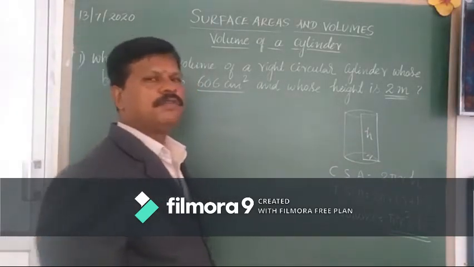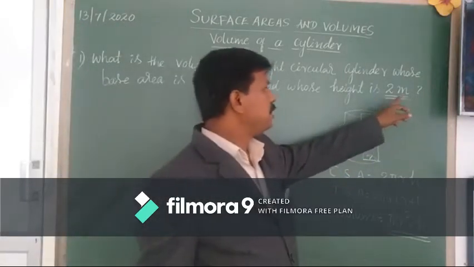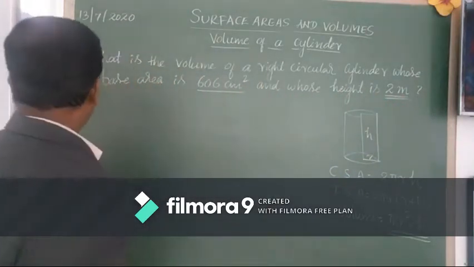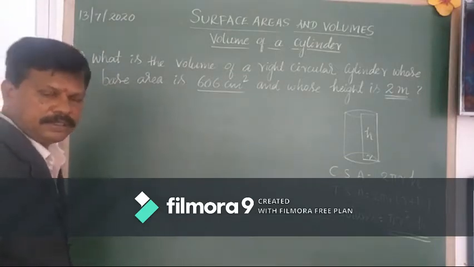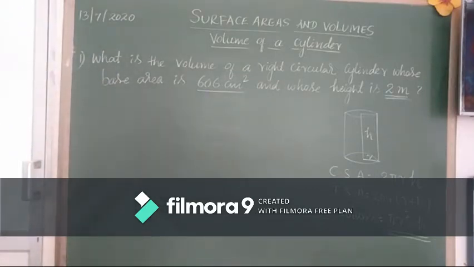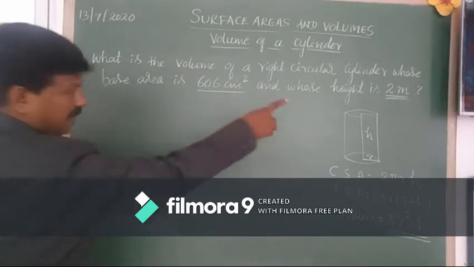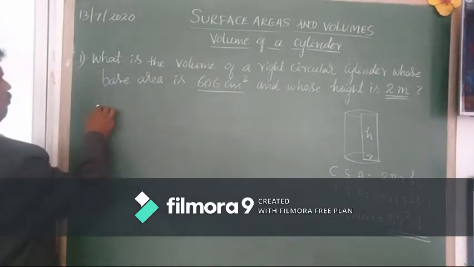So first we should convert meters into centimeters, because the area is given in centimeters. So 2 meter becomes 200 centimeter.